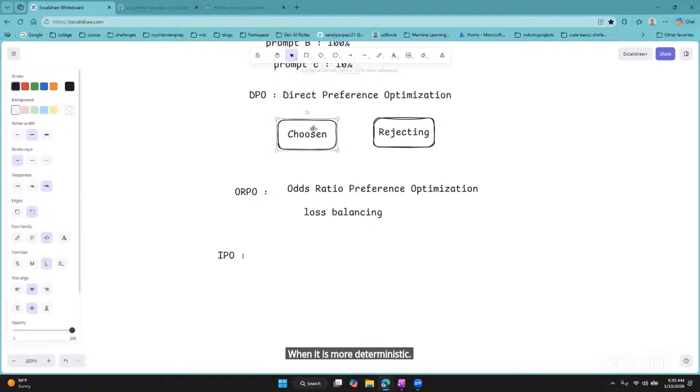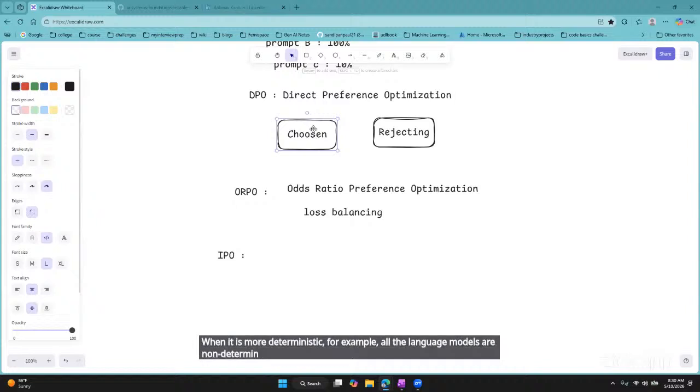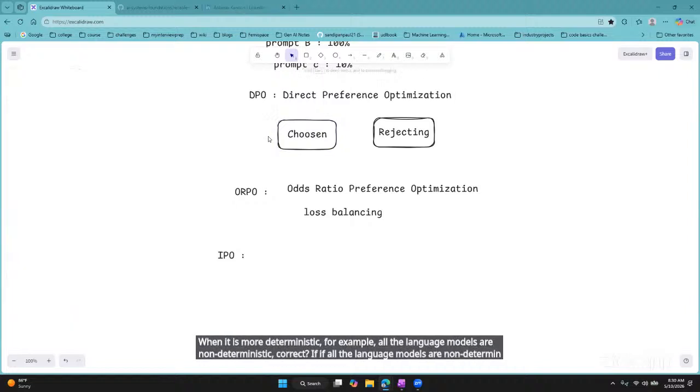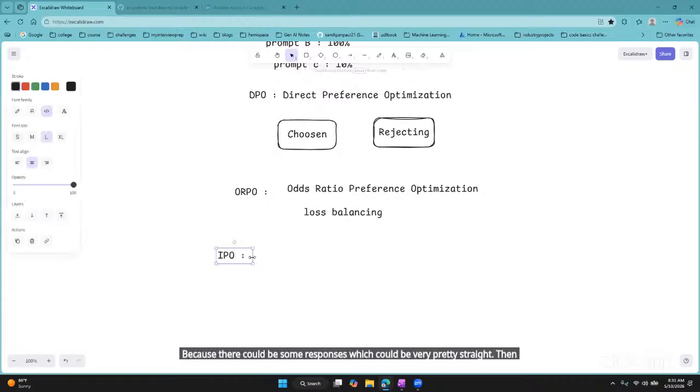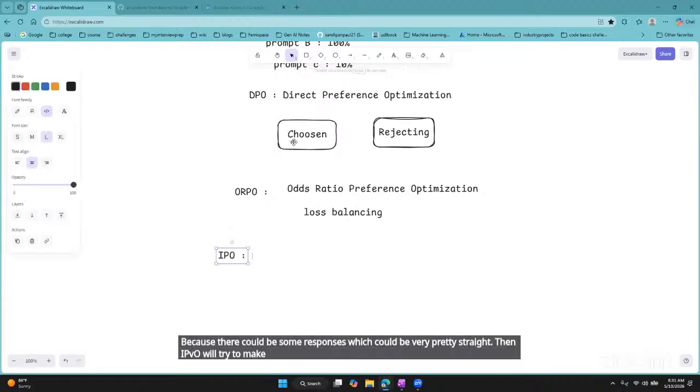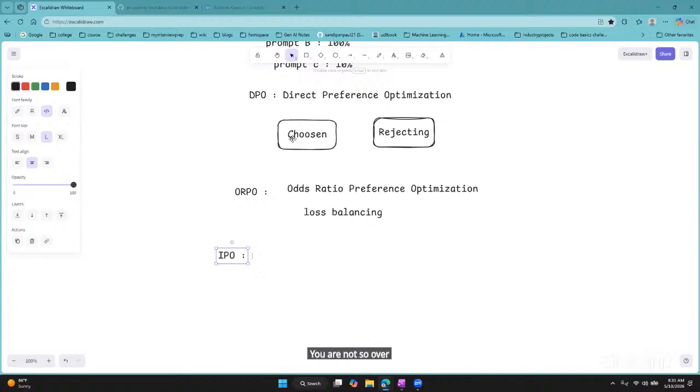For example, all the language models are non-deterministic, correct? If the responses liked by the user are more deterministic, because there could be some responses which are very straight, then IPO will try to make the DPO understand that you are not overfitting the responses.